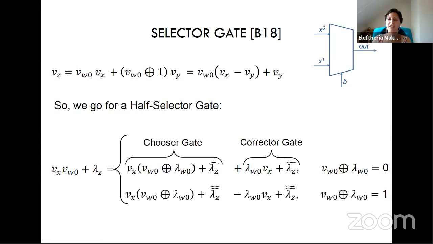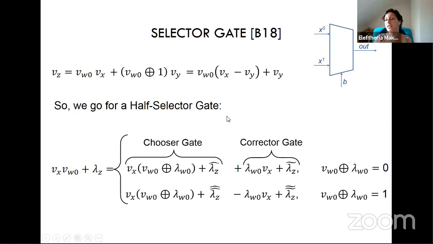And inspired by the half gate construction, Ben Ephraim said, now we can split the problem in 2 and have chooser half gates and corrector half gates. And this would mean that we can actually, at evaluation time, have fewer decryptions to do.